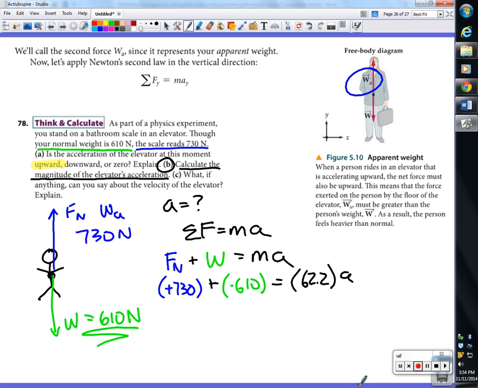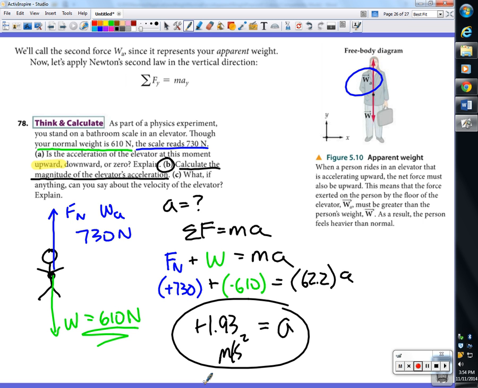So we solve that quickly. Hopefully correctly. And I get that the acceleration of that object is positive 1.93 meters per second squared.